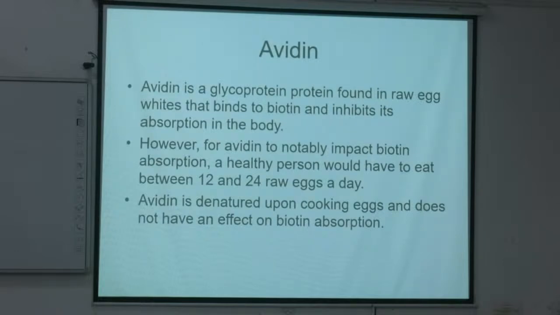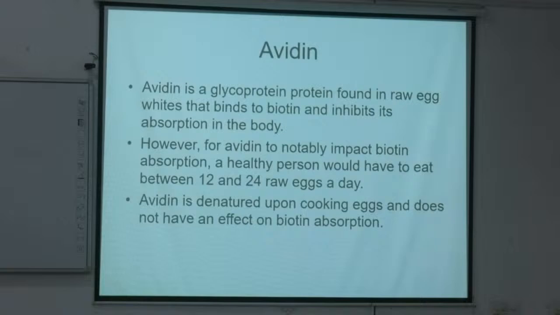In ELISA, when we want to identify a particular antibody, we usually add biotin to that antibody and add another substrate with avidin.